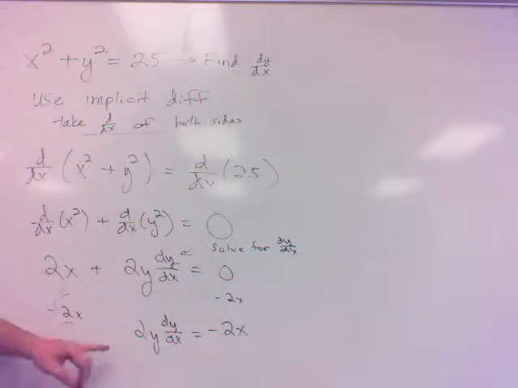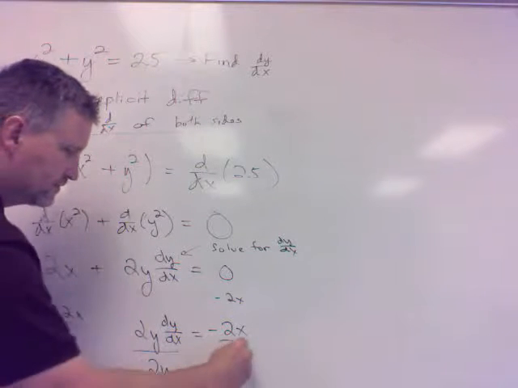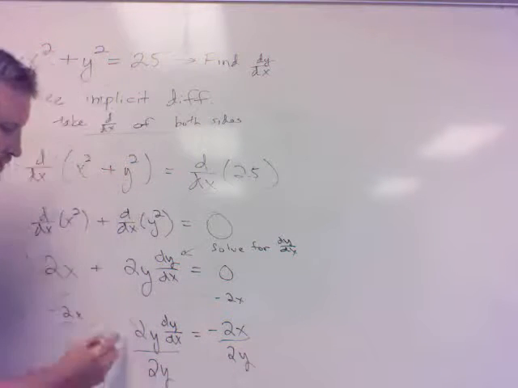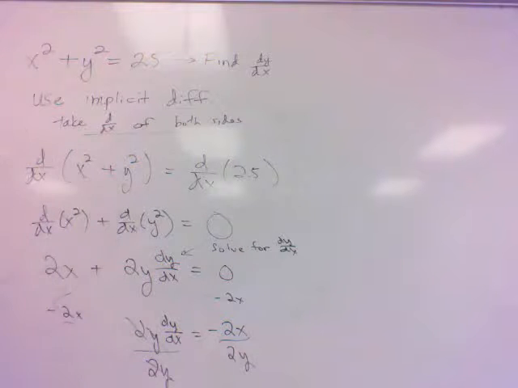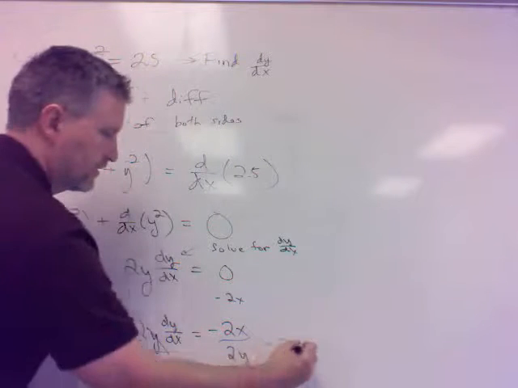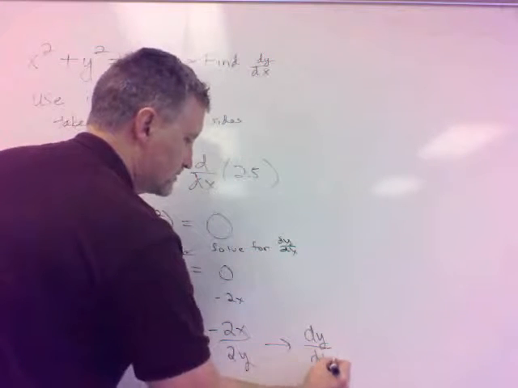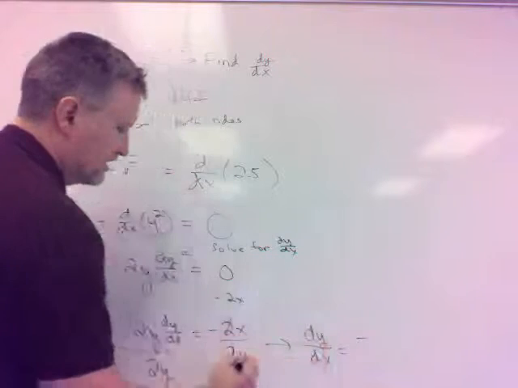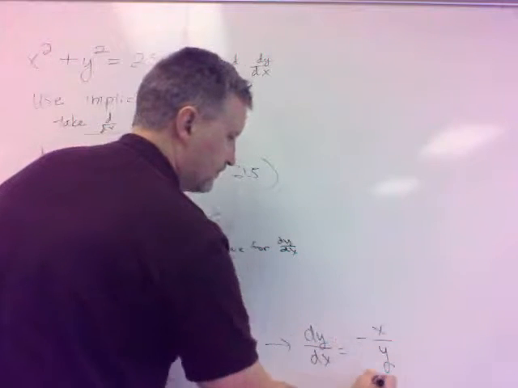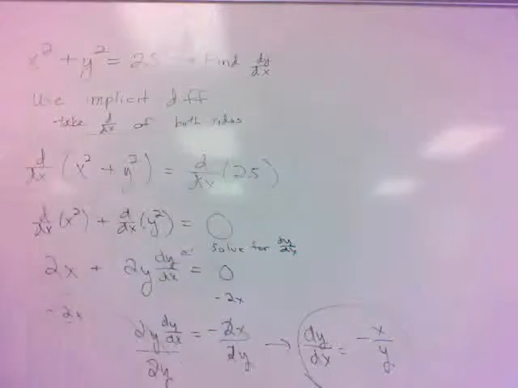Then what? Divide off the 2y. And so, there you go. dy/dx equals minus, the 2's cancel, so it'll be minus x over y. Look okay?